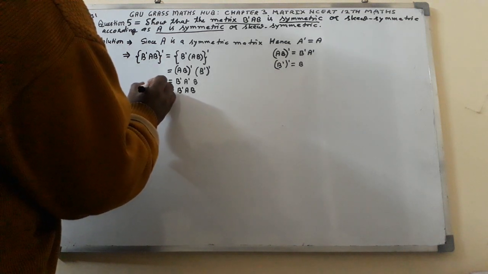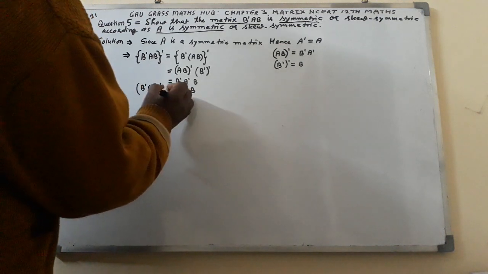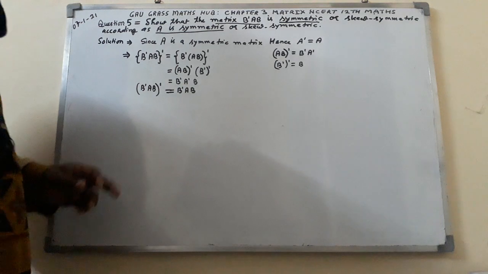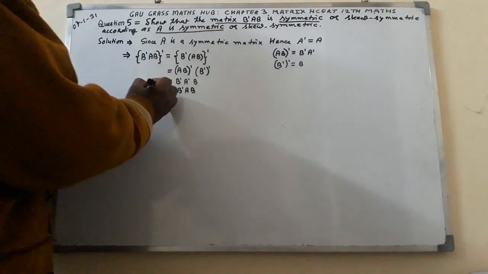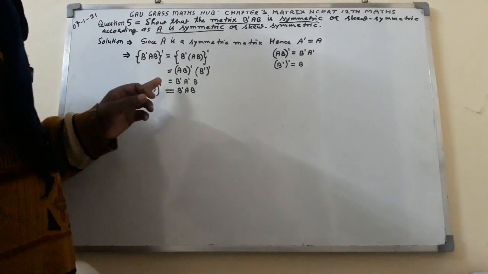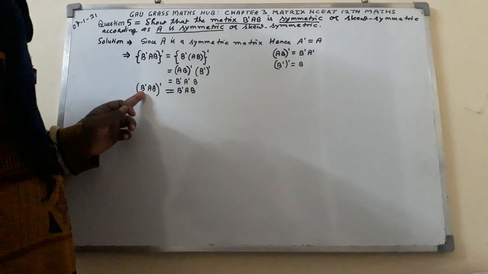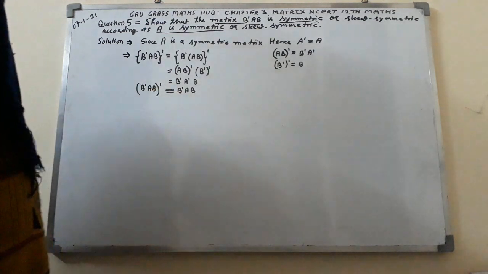The transpose of B dash AB, this thing we will get. The transpose of B dash AB comes out to be B dash AB.